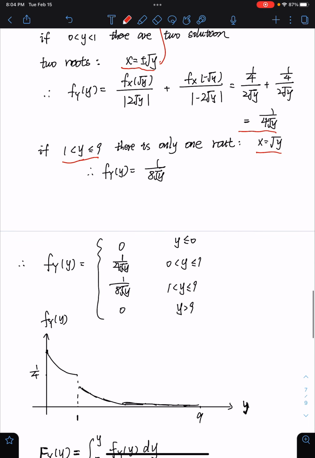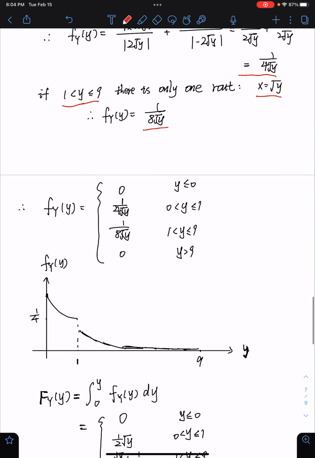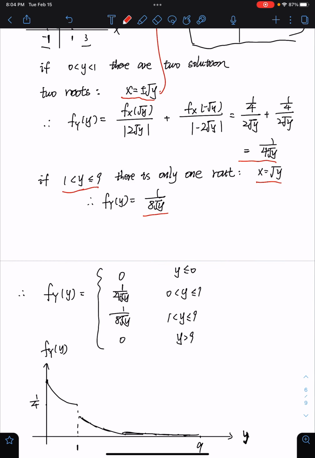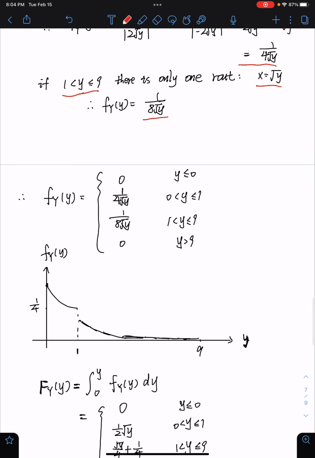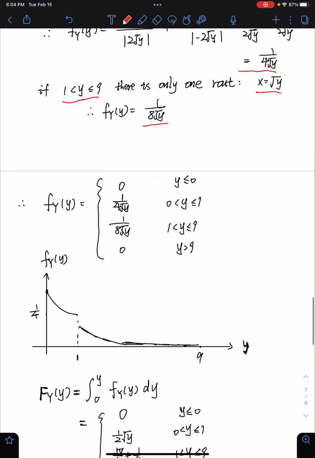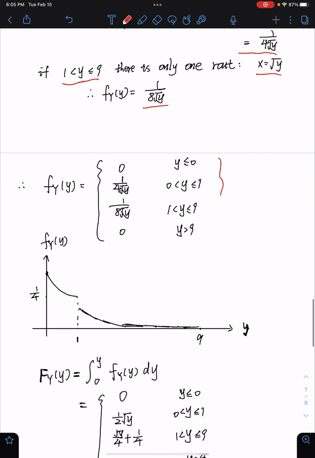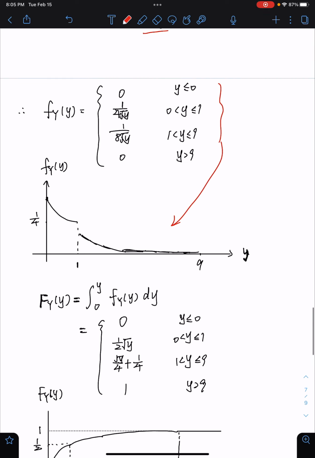So we can get f_Y equal to this. Let's combine the two conditions together, and we can get the function of small f_Y, and according to these functions, we can draw the graph of small f_Y.